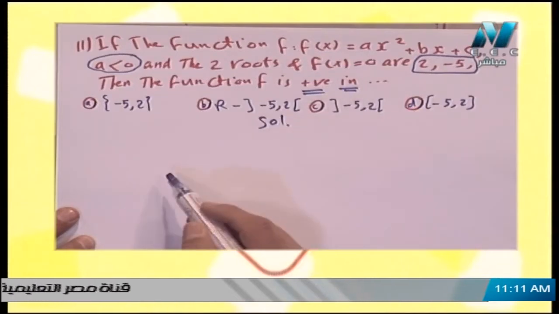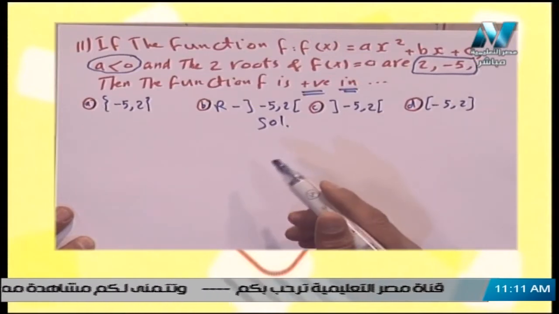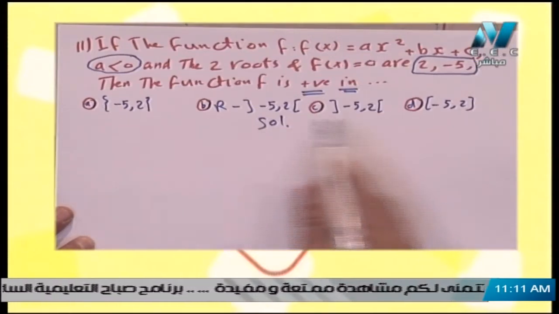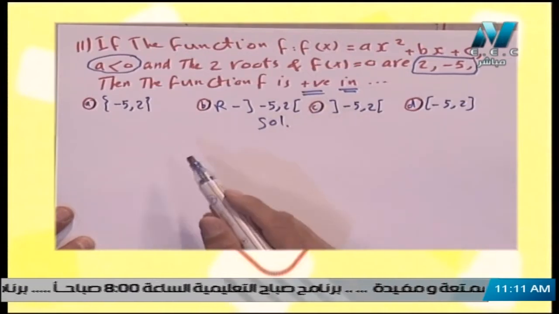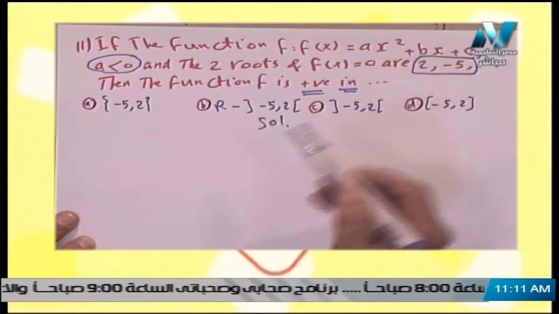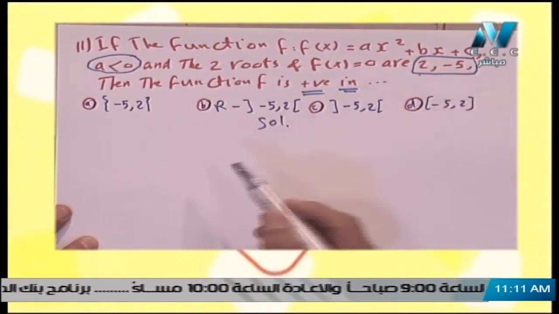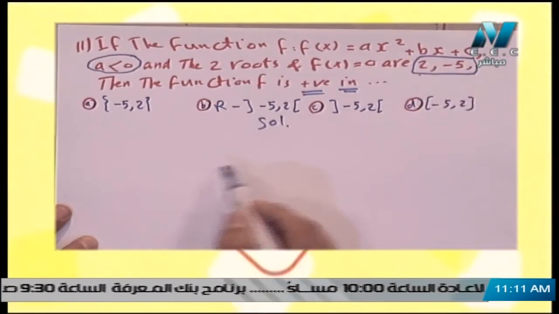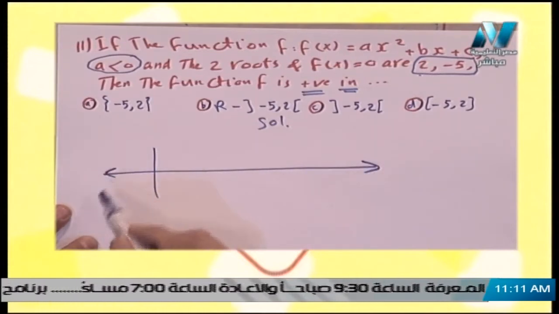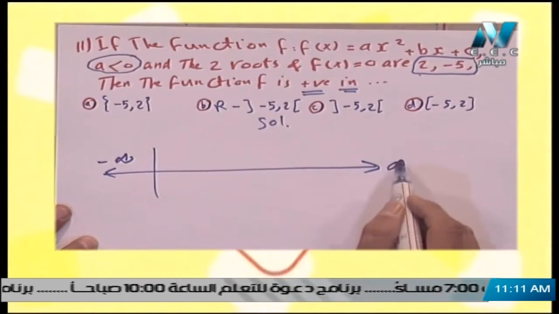Okay. He asked about which part of the interval is positive. Okay. Don't care about a and b. We have here 2 and negative 5, the two roots, and remember the number line here, it's from negative infinity to infinity.